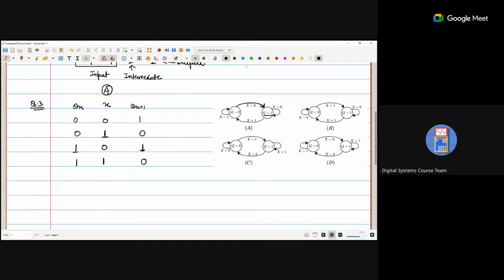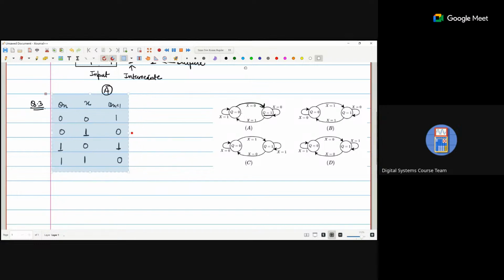Now similarly, if you draw the truth table for B, okay, this is the truth table for A. Now for B, again Qn, x and Qn plus 1.